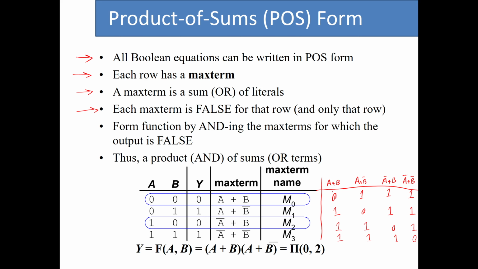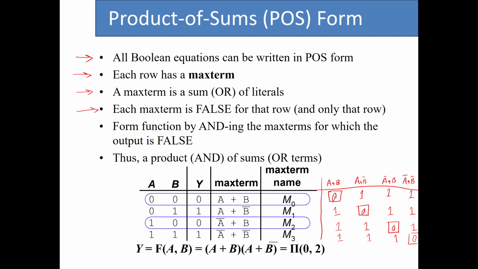So as you can see, each one of these max terms is only false for one specific row, and only that row. So in a sense, each max term is unique for one specific row. In min terms, the min term was only true for one specific row and only that row. For max terms, the max term is false for one specific row and only that row.